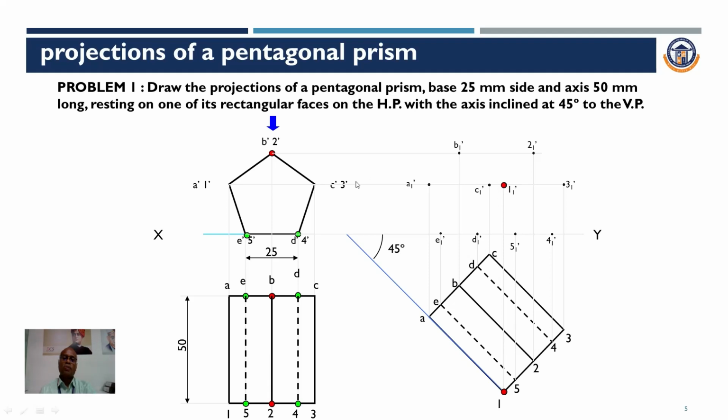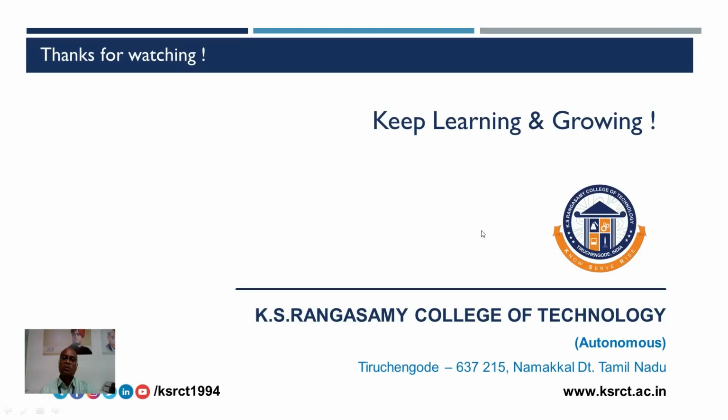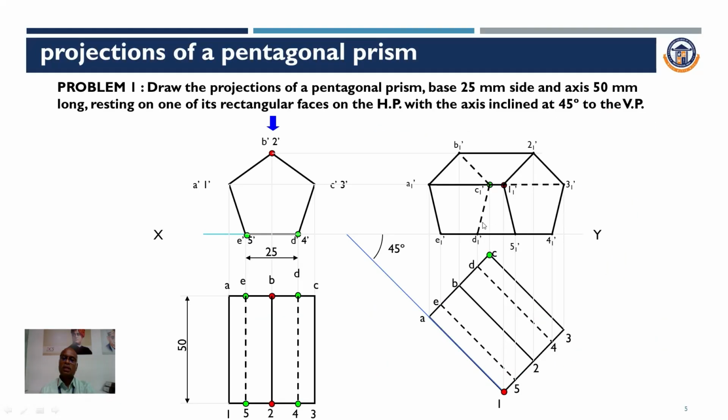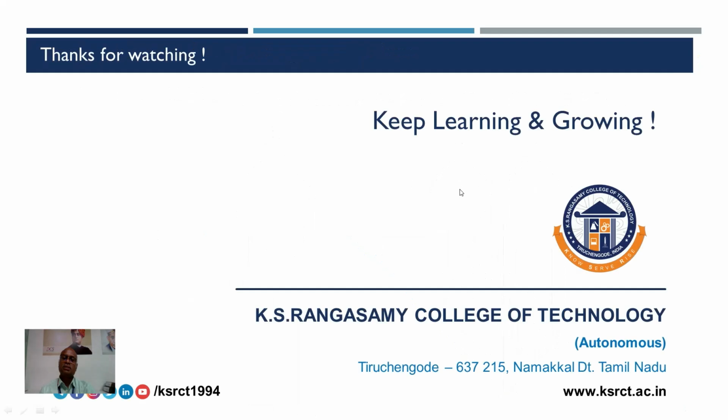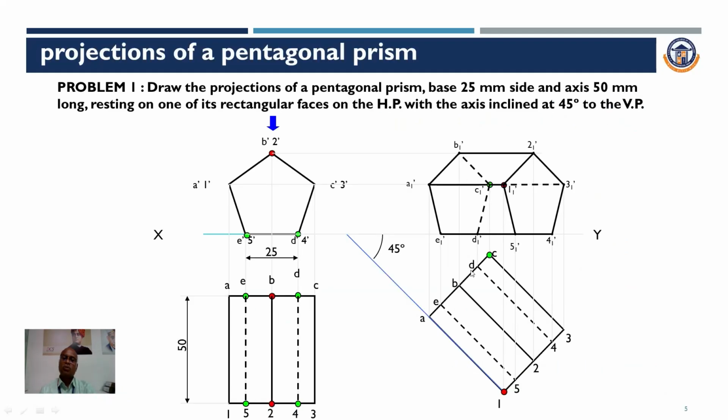Now join 1 to 2, 1 to 5, then 1 to A1, and draw the hidden points as dotted lines. Then draw these lines and you create the object in this position. This is the projection of the object inclined at a 45 degree angle.